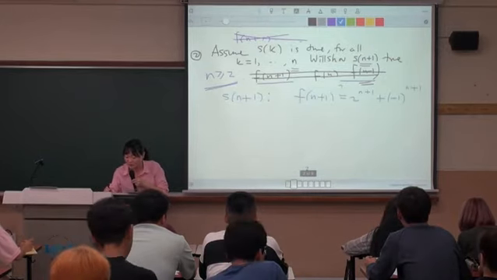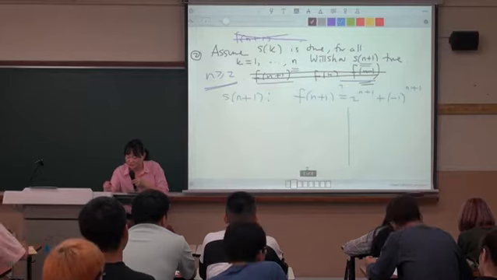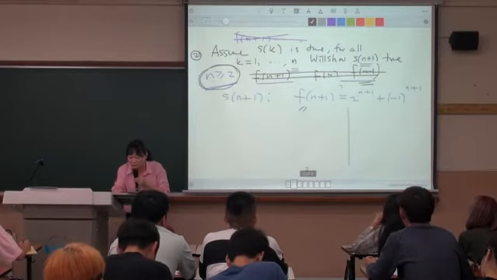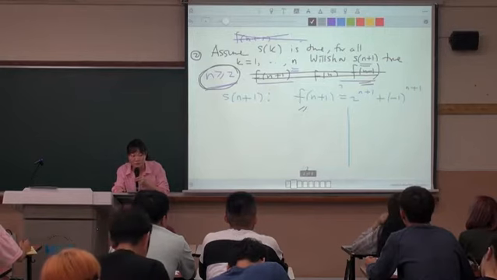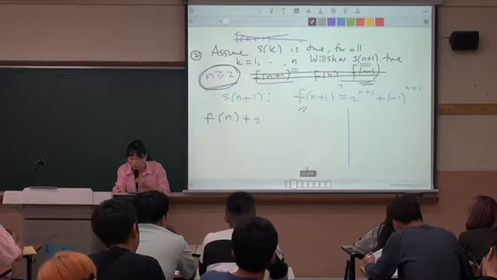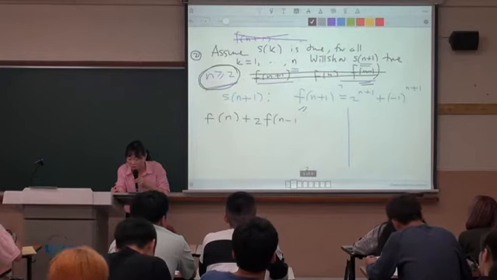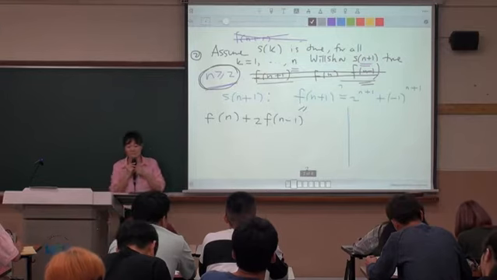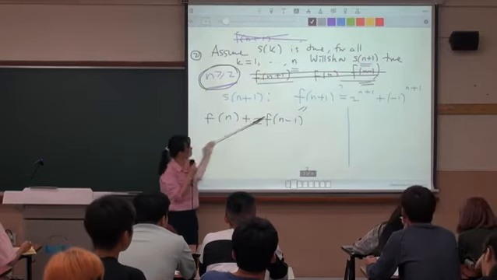Okay, so left hand side, because n is bigger than or equal to 2, what do we know about F n plus 1? F n plus 2 F n minus 1. Yeah. This is true because we have this.